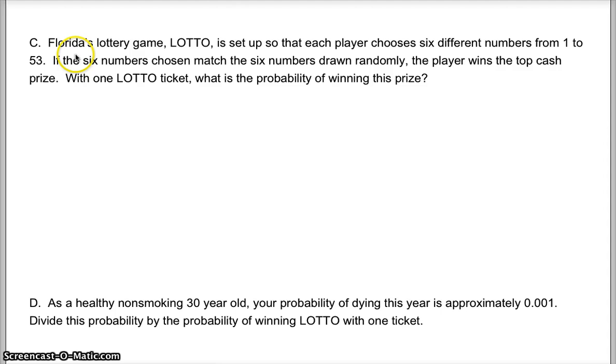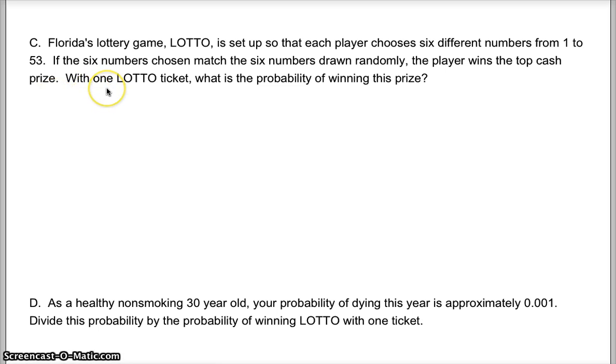Example C. Florida's lottery game, Lotto, is set up so that each player chooses 6 different numbers from the numbers 1 to 53. If the 6 numbers chosen match the 6 numbers drawn randomly, the player wins the top cash prize.